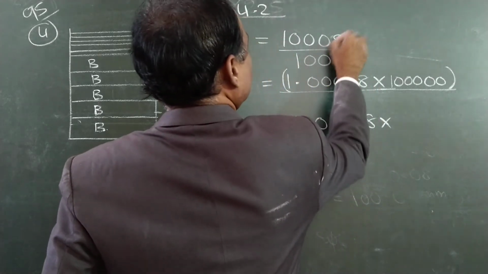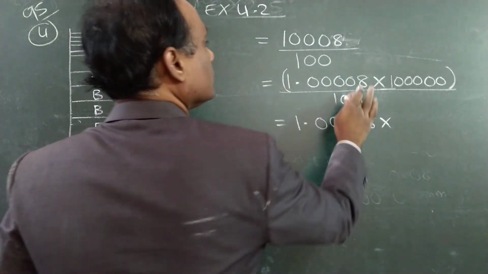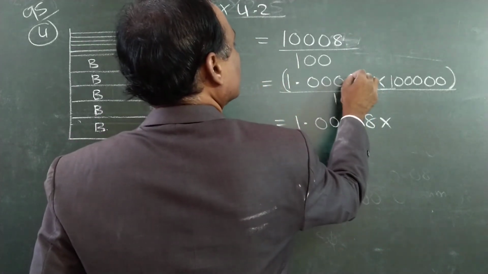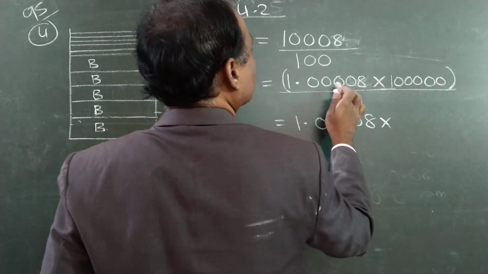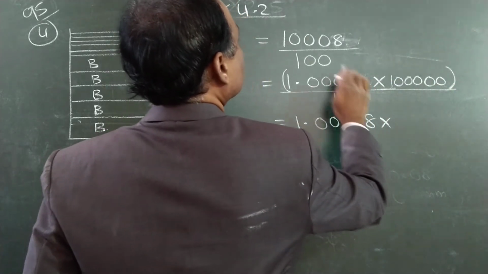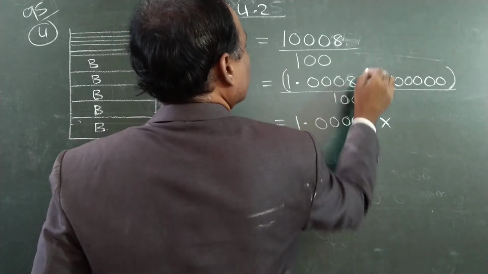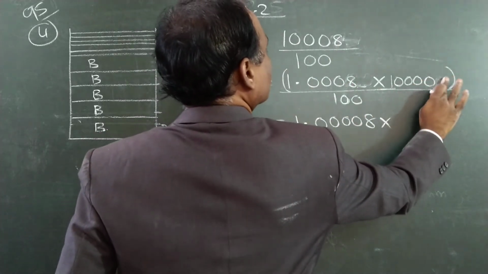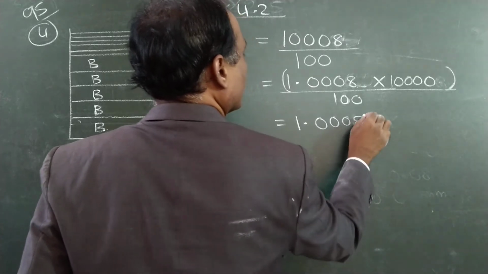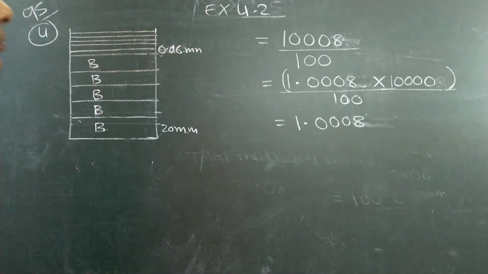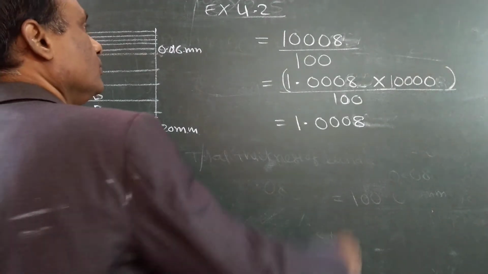100.08, no? Three zeros, 8. I wrote an extra 1 0. Okay. 100.08. It is 100.08.